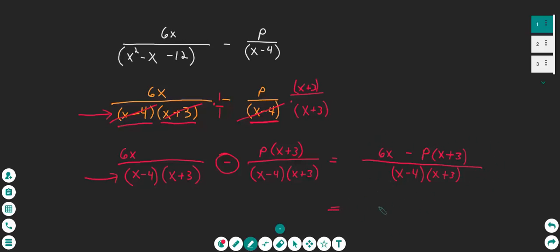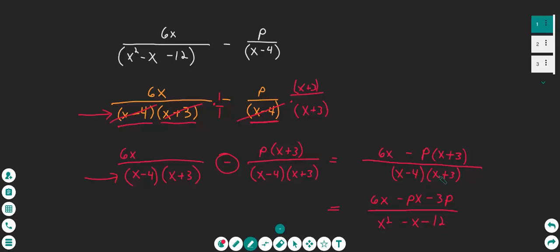If you wanted to take it one step further, you could remultiply everything out to put it back into the form that it started in. And if we were to do that, we'd have 6x, and then we'd have to multiply this p through the parentheses. So we'd have a negative px negative 3p all over, and then we can multiply this out with FOIL, but we really know that it is going to be the x squared minus x minus 12.